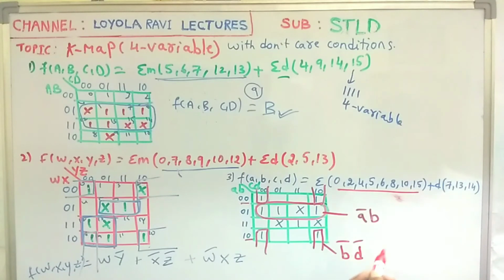See here again, this one we have to cover. By covering this one, is there any formation for quad or octet? We have to check. If there is any one or don't care, then there is a formation of octet, but there is no one or no don't care. That's why then go for quad.